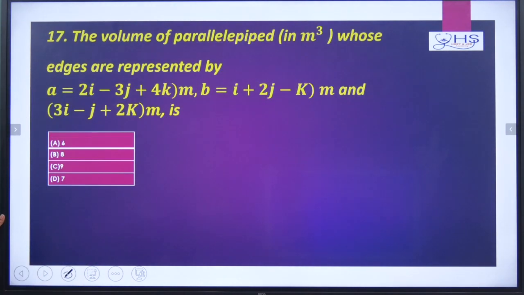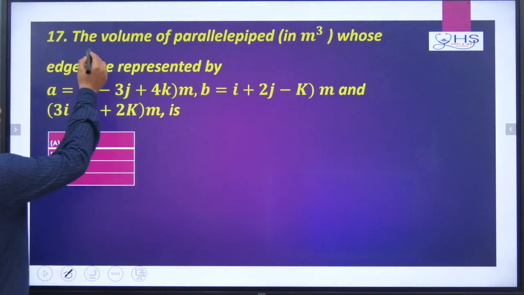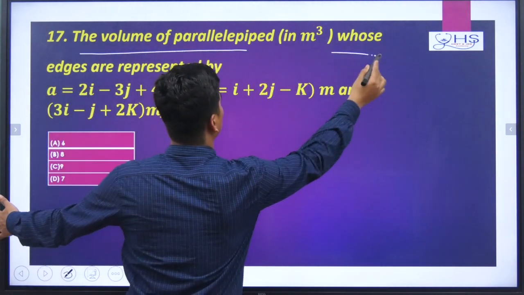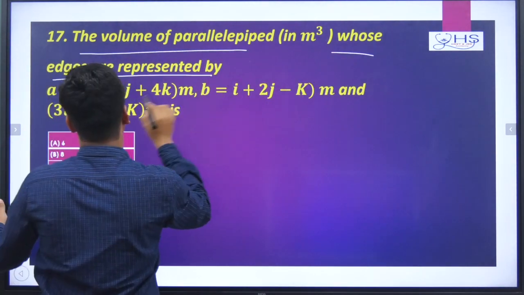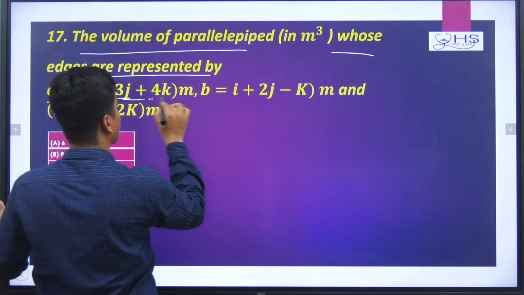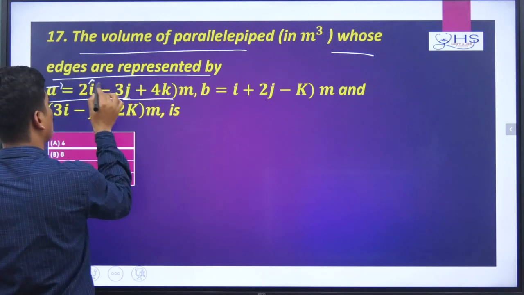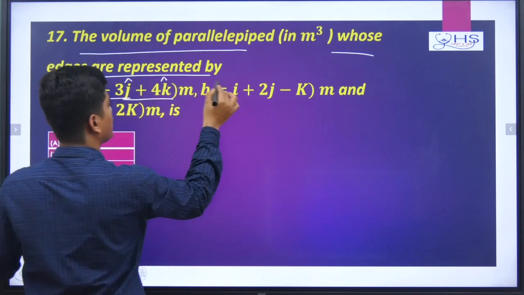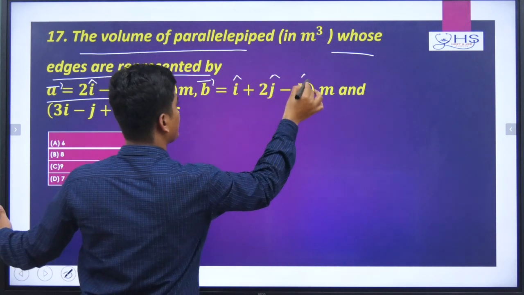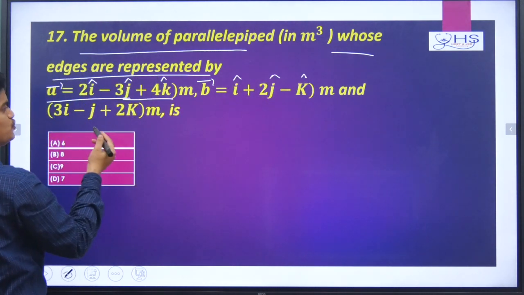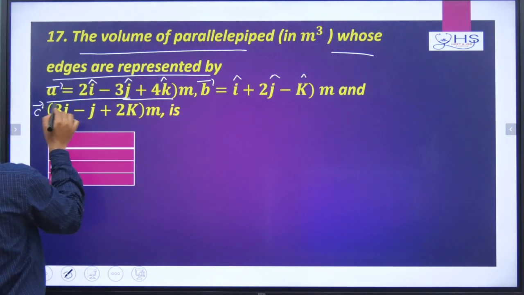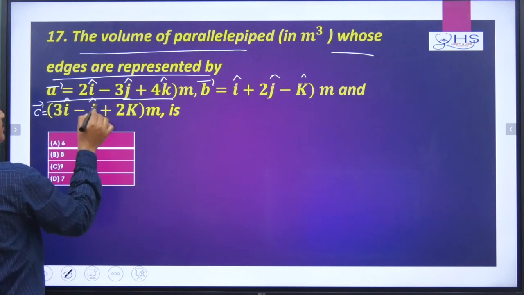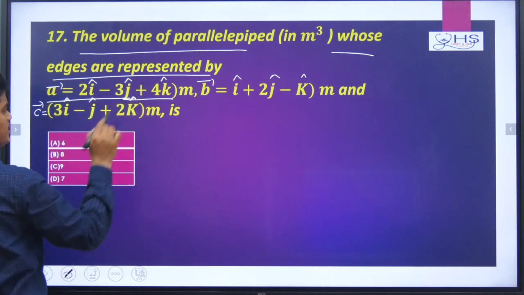Okay. Now come to the next question. The volume of a parallelepiped whose edges are represented by a vector given here, 2i minus 3j plus 4k, b vector is given i plus 2j minus k, and c vector is given 3i minus j plus 2k.